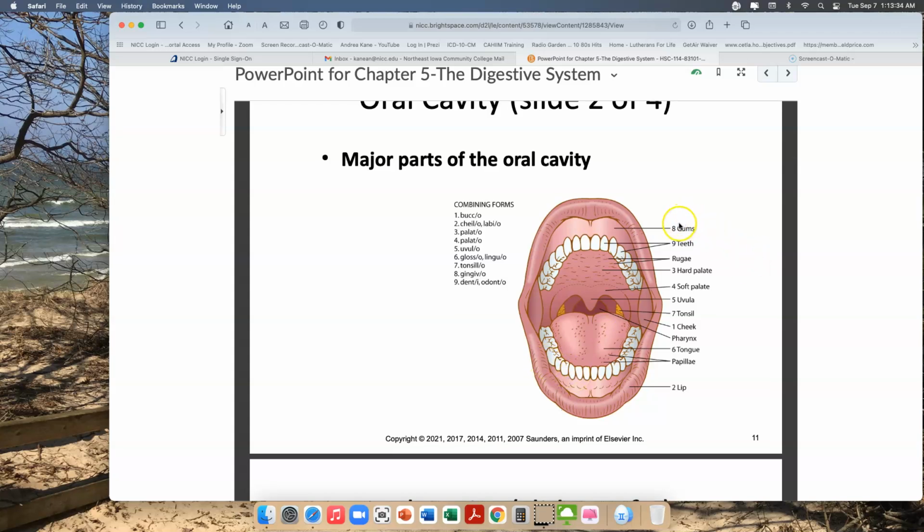And you notice here on the right, you get sort of the terms that we are most familiar with. On the left, though, it's showing you the combining forms that match those terms on the right. So this may be a visual that's really helpful to you as you're studying.